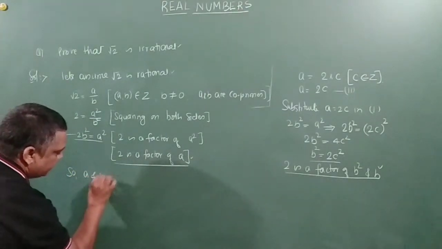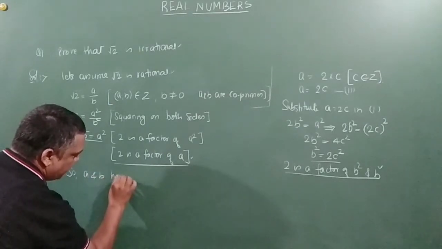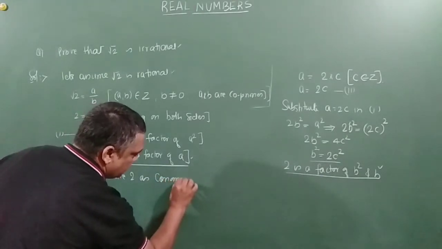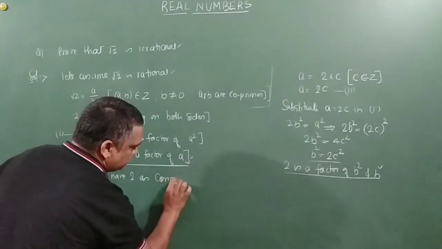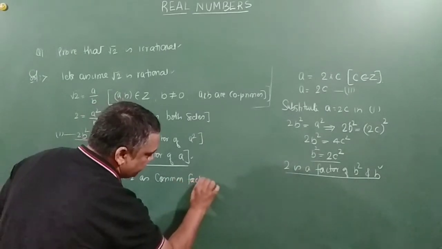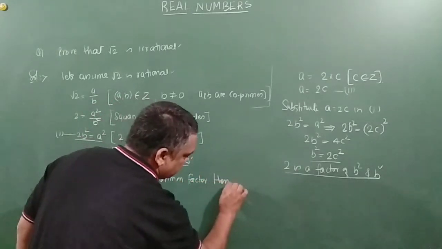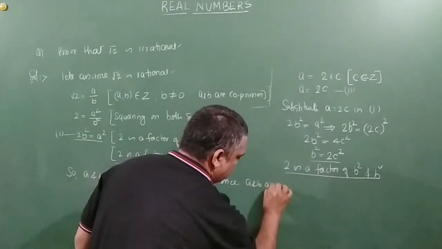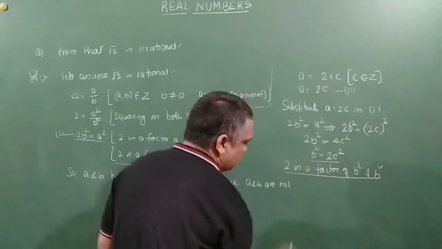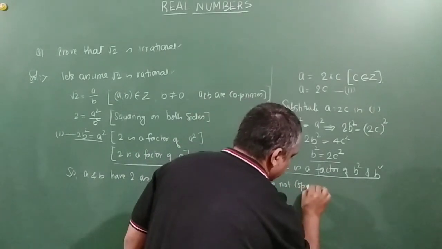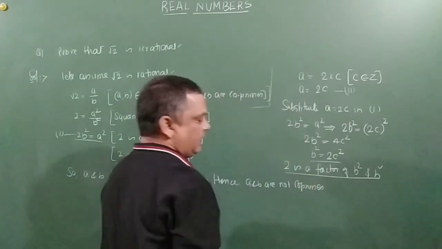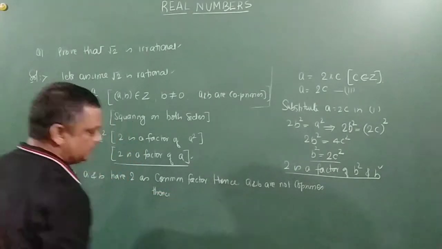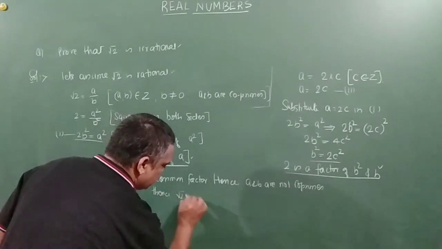So A and B have 2 as common factor. Hence A and B are not co-primes, and hence root 2 is irrational.